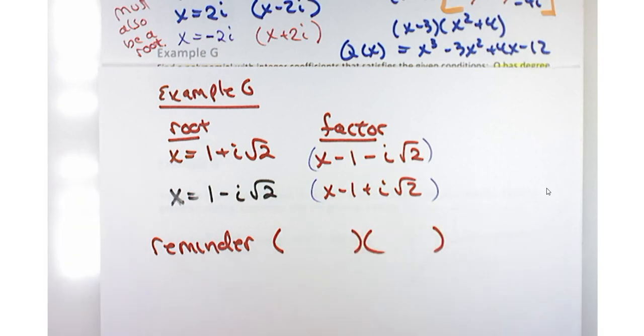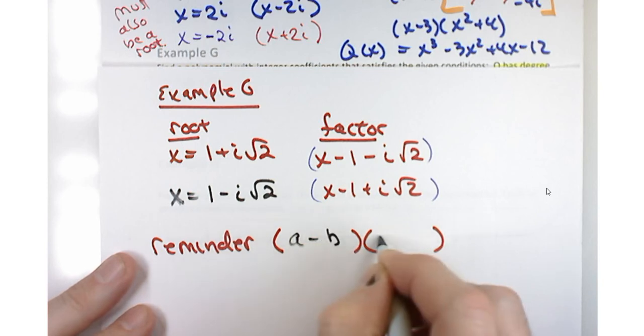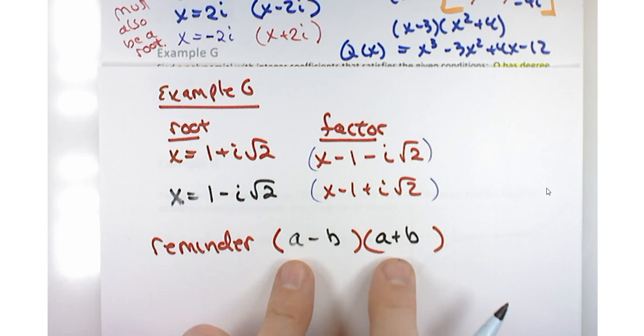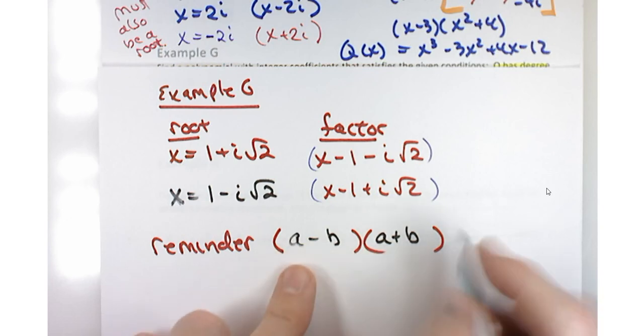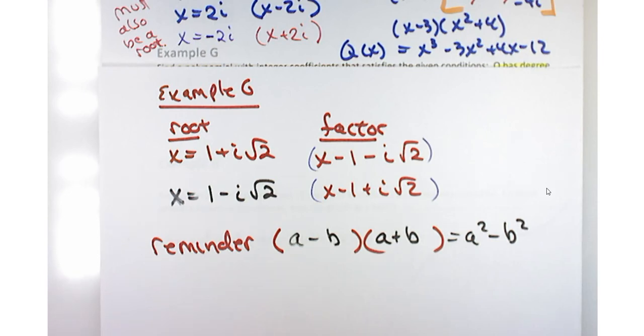This is kind of a nice little trick if you can use it. If I multiply a minus b times a plus b, if you foiled this all out, you'd see that the middle terms cancel, and you're just left with a squared minus b squared.